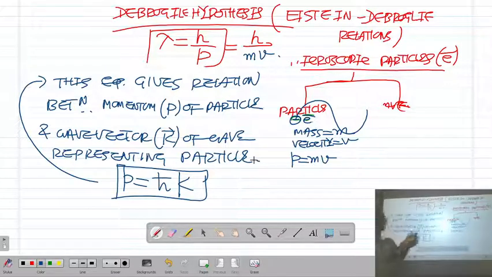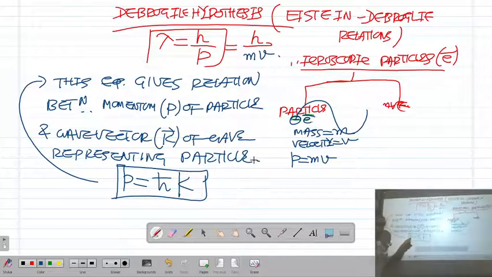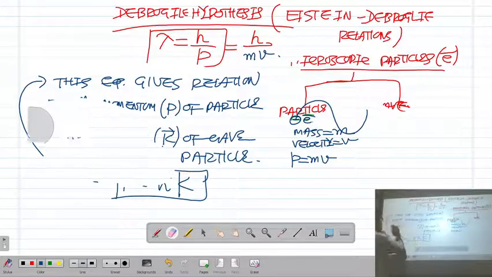So this is the relation between momentum p, the particle characteristic, and wave vector k of the wave associated with the particle, that is the wave characteristic. On the left hand side, momentum is a particle characteristic; wave vector is a wave characteristic.